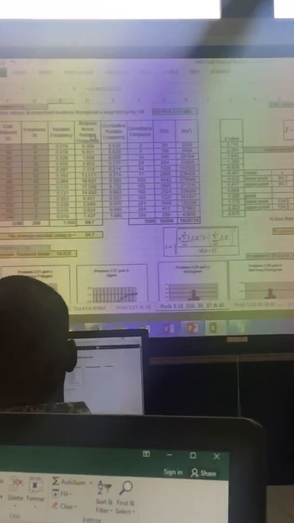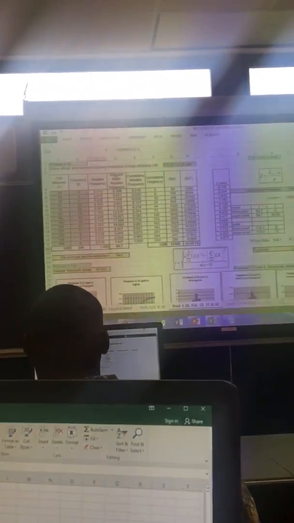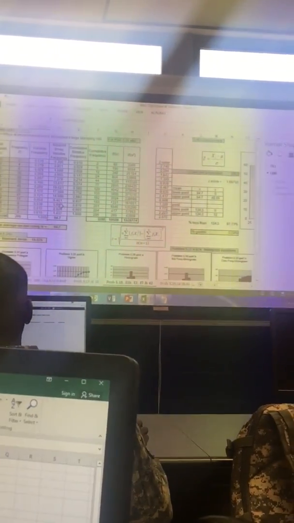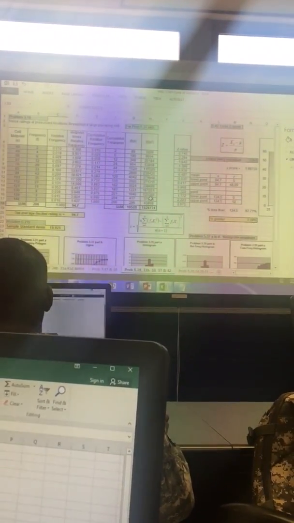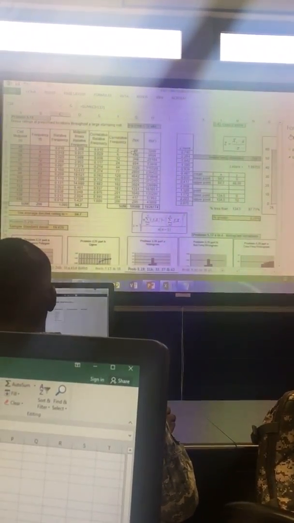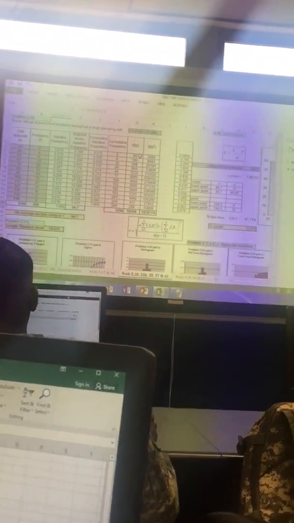This is the midpoint times the relative frequency, so this is F times X. It's at 10%.